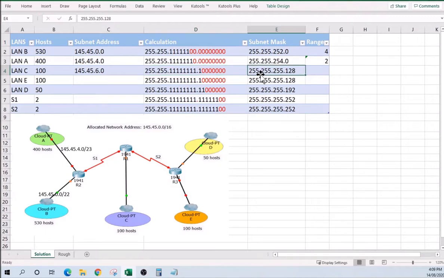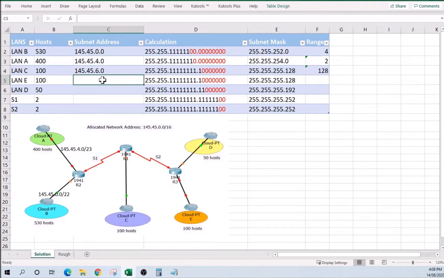When I calculate the subnet mask, it would come as 255.255.255.128. And the range would be 256 minus 128, which comes to 128. That means network C would expand from 6.0 to 6.128.